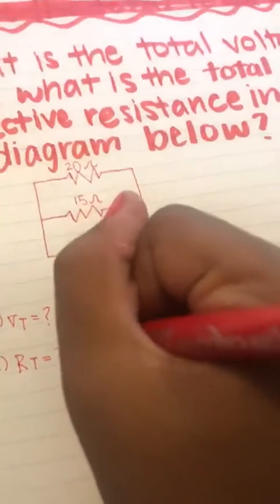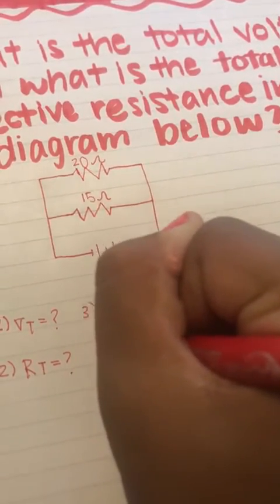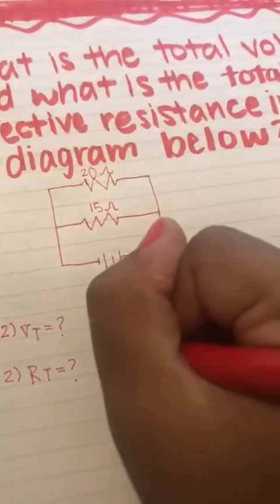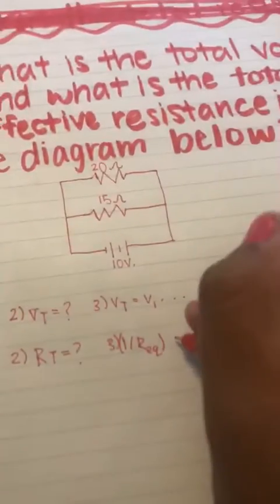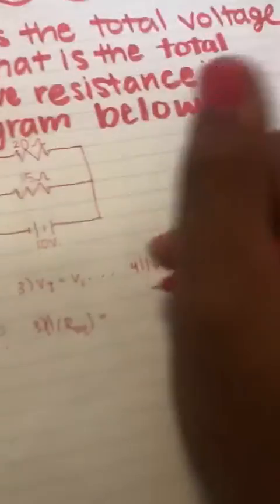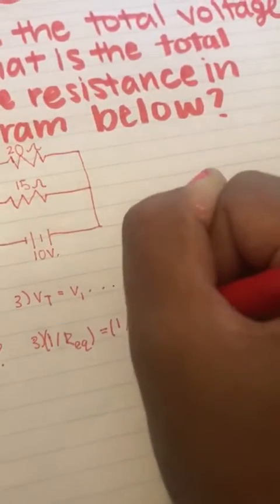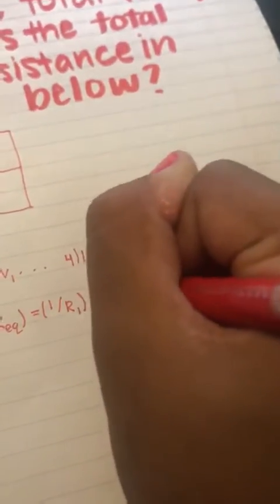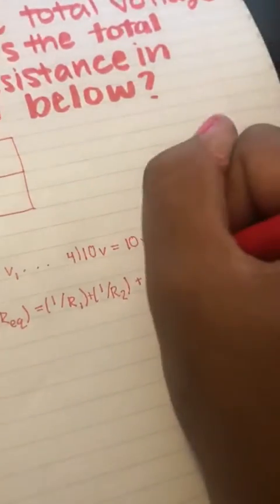And so in our equation it is 1 over R in parentheses, which is our total resistance, is equal to 1 over R1, which is our resistance 1 over R2 plus 1 over R3.